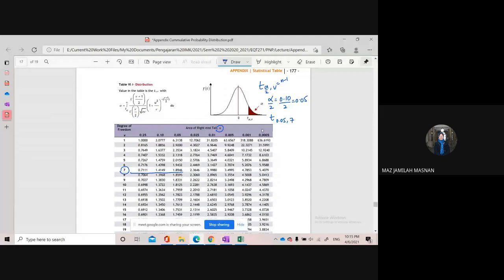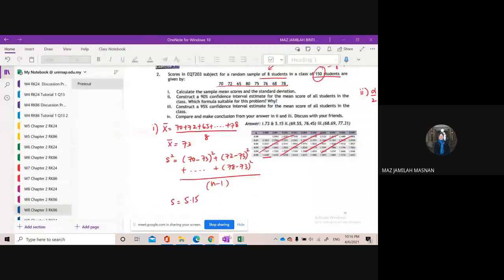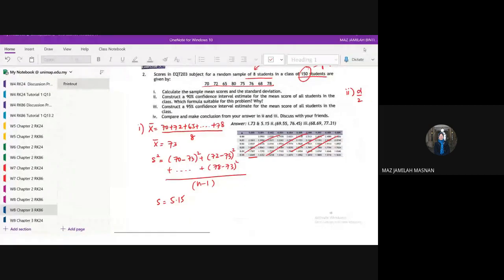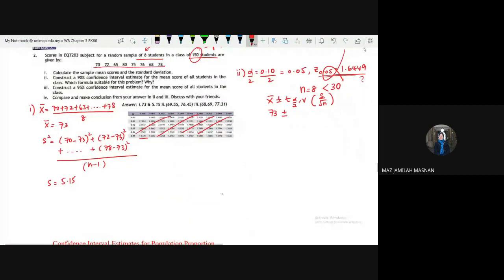Okay, so this is our critical value, which is given by 1.8946. Multiply with the standard deviation, 5.15 divided by square root of 8.